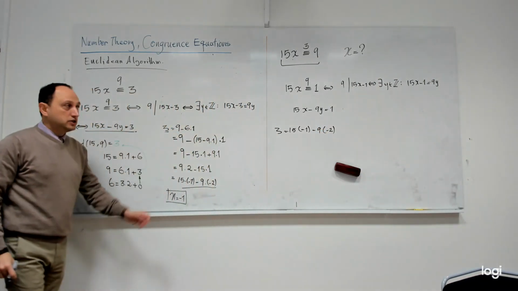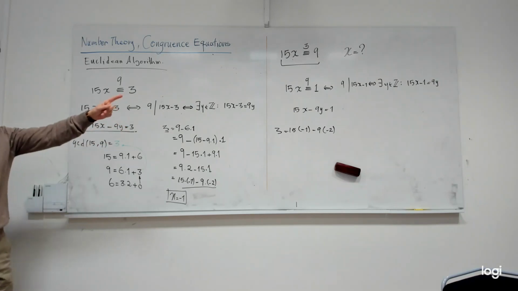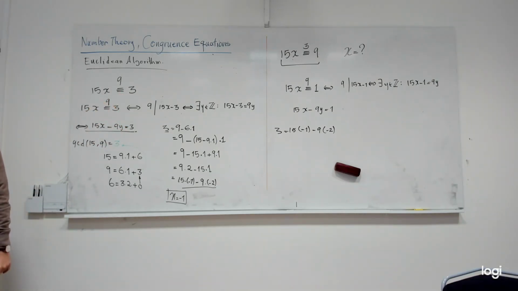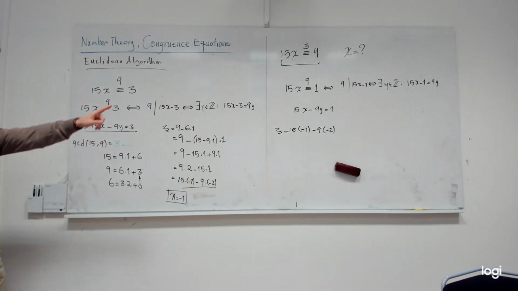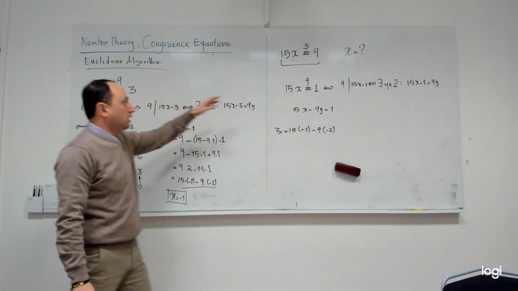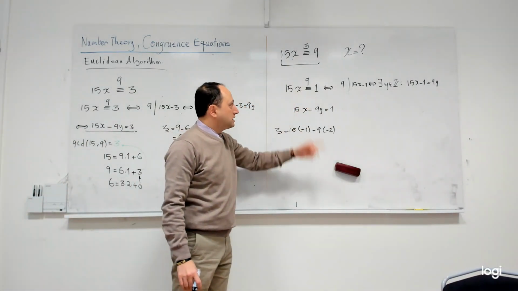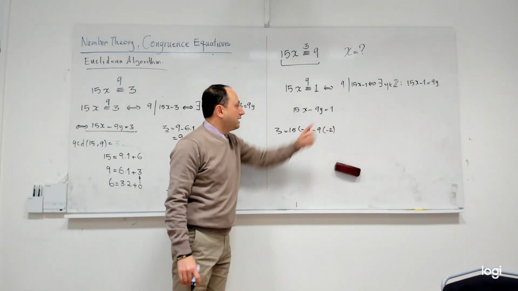Okay? But this is not good enough because I want to compare it with 1. So if I compare it with 1, then what should I do? Is that clear? So if I change the number from 3 to 1, everything remains the same. Instead of 3, I will have 1.